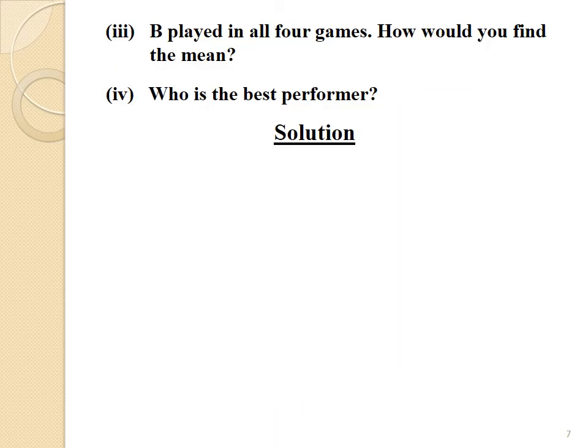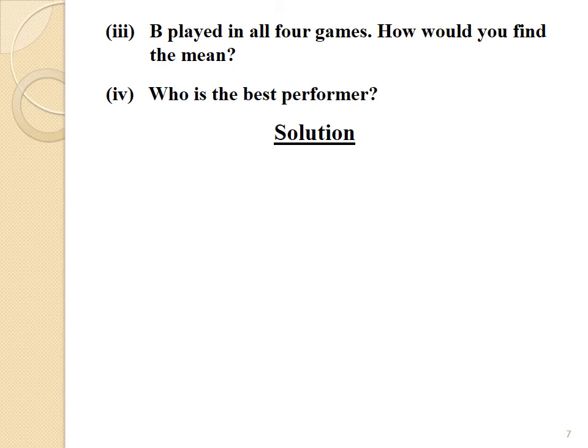Question number 1. Find the mean to determine its average number of points scored per game. Students, in this question, we have to find out the mean in order to know the average performance of player A in each game. Students, we have to divide total points scored by A in 4 games by total number of games in order to find out the mean of A. So, let's find out the mean.